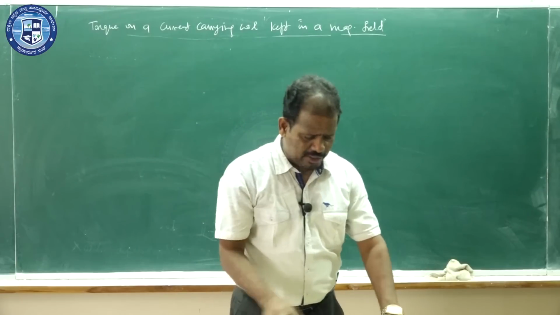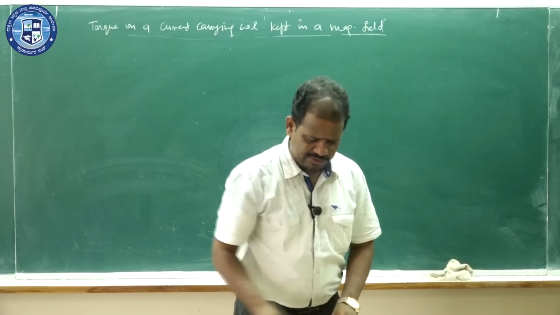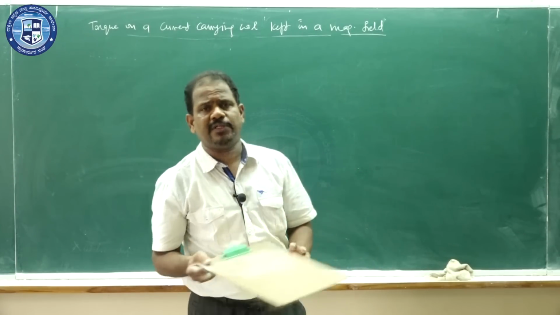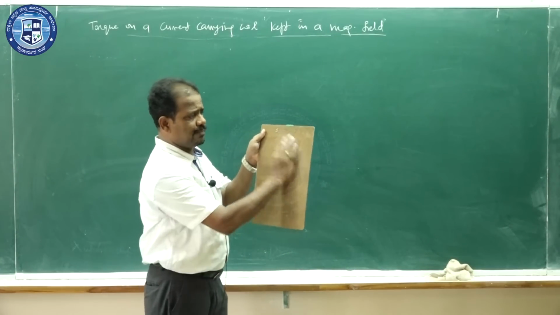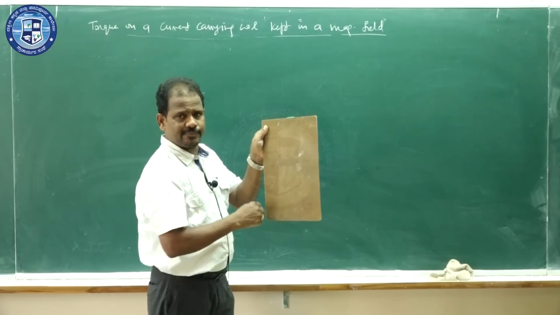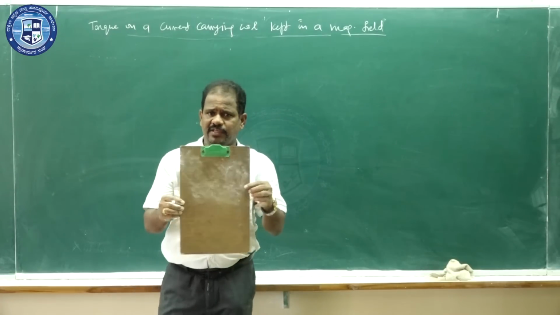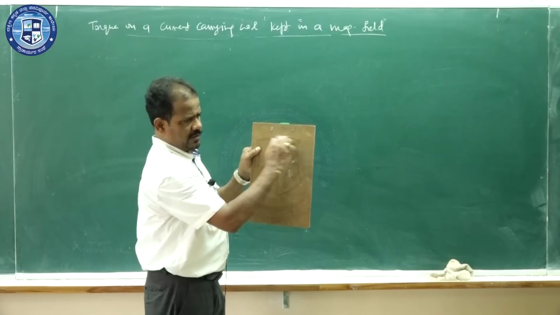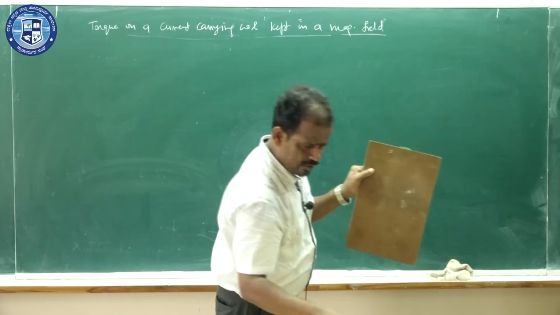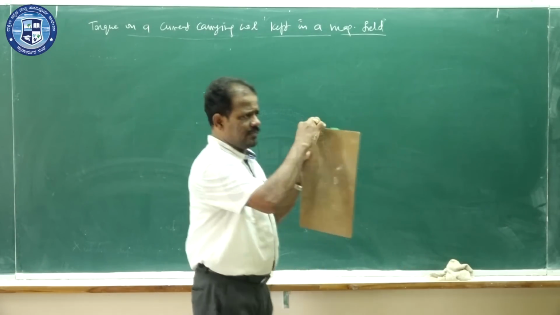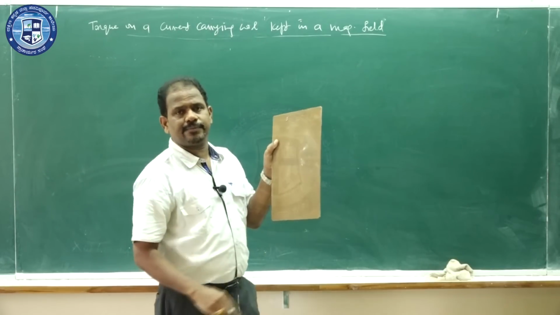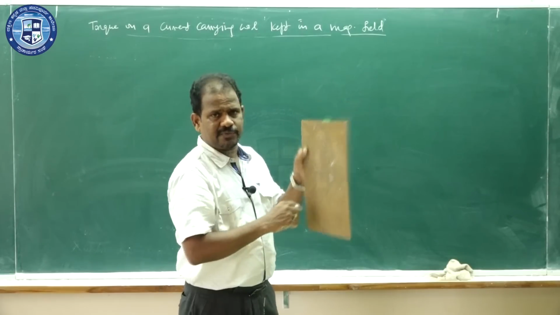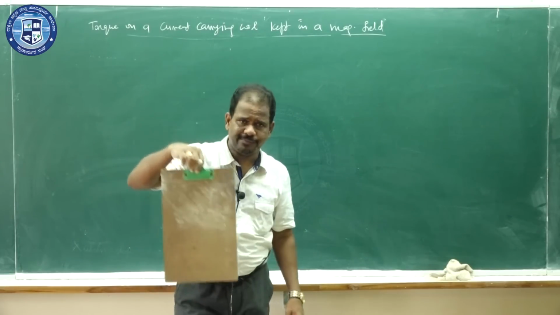We are taking a coil and this coil is kept in the magnetic field. See, this is the coil. Inside it is hollow, only the outlines, so imagine a rectangular coil.